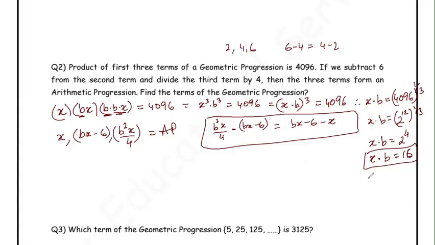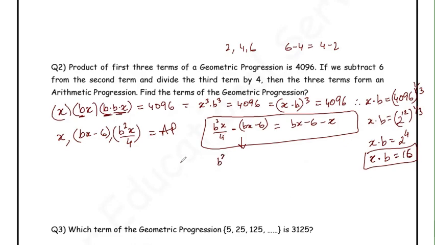And we will simplify this one. When we simplify this one, first of all, we'll multiply 4 throughout, to get rid of this denominator.